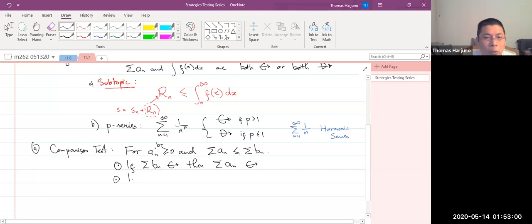If the lower series is divergent, then the greater one will also be divergent.